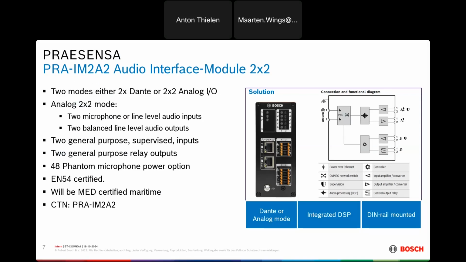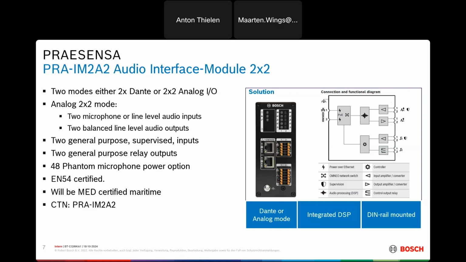So this device, you install it on a DIN rail, either in a rack, or you can also install it somewhere in the field. It is a device that interfaces external audio into the system, or brings audio from the PRAESENSA system externally. There are two modes in which this can be done.